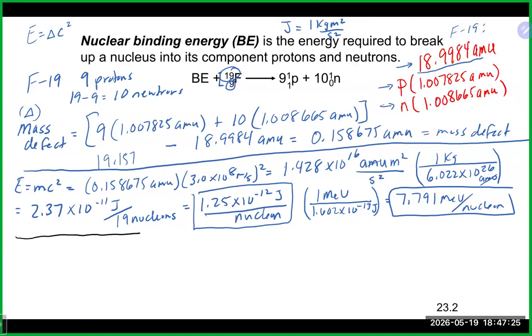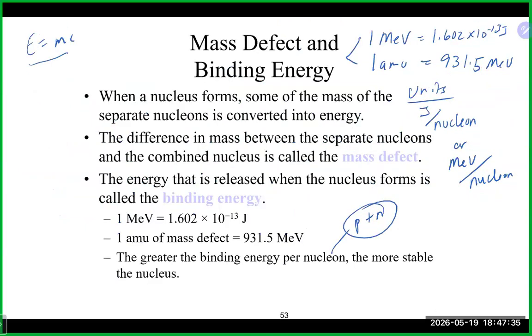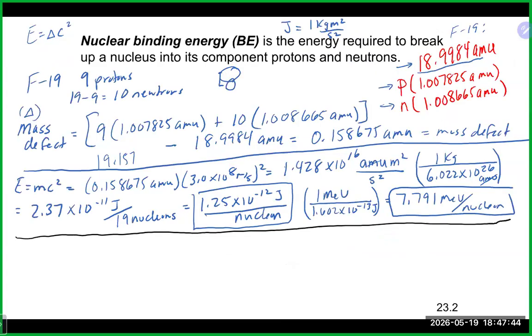Now, as I mentioned before, if you do not want to use Einstein's equation, you could use those conversions that we saw right here and just bypass using the equation. If you wanted to do that, you would pick it up with the mass defect, 0.158675 AMU.